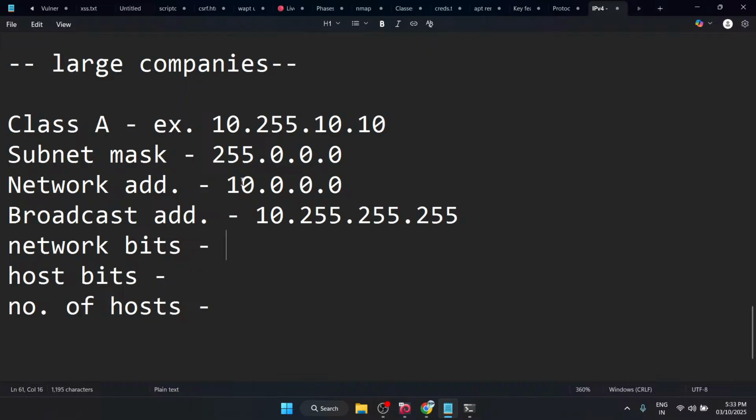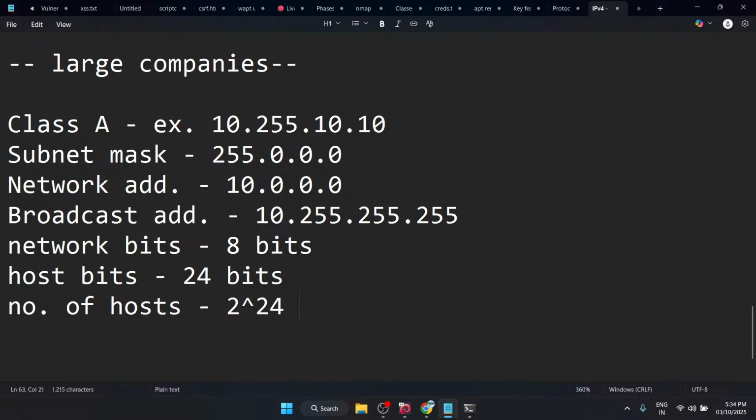Next, network bits. Here you can see this is the only network portion. So one octet has got 8 bits, and these 3 octets represent the host bits. So here we are going to put 24 bits. Now total number of hosts. How many total number of hosts there will be? 2 to the power host bits. Here you can see 24. 2 to the power 24.